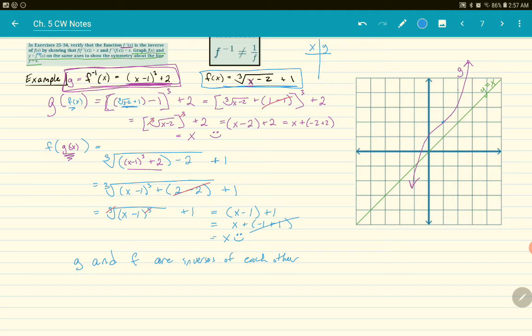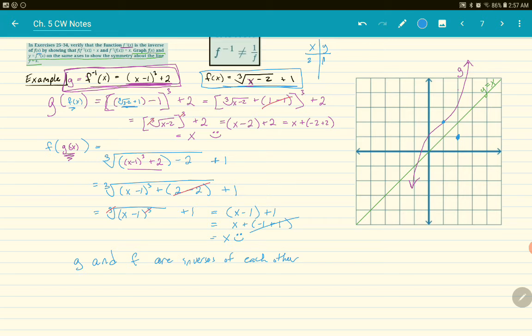A good point from that purple graph was the 1, 2. So let's see if we switch the 2 and the 1. Let's input 2, and then I get 0 plus 1, so I get 1. So that point goes to 2, 1. See how that's flipping over that green line.